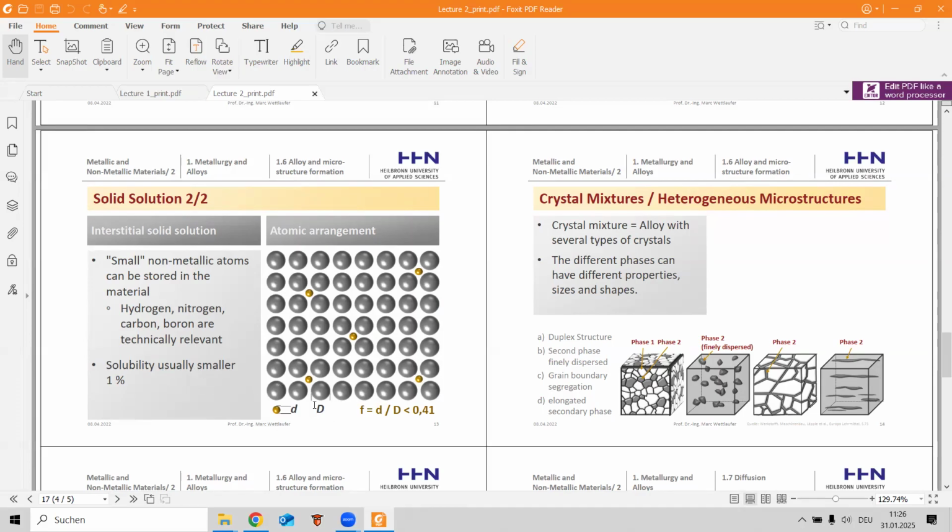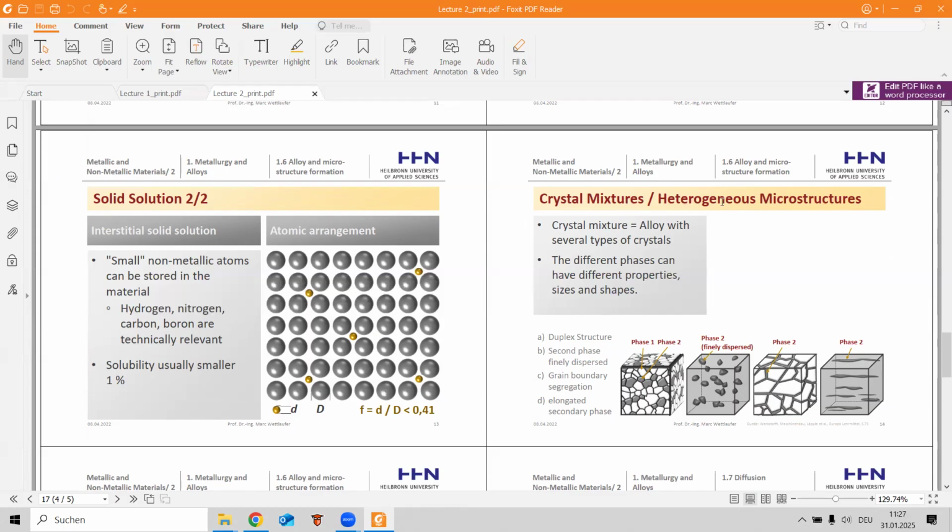So here we have a main atom with large diameter D, and small interstitial atoms with diameter small d, and f equals small d divided by large D, less than 0.51.